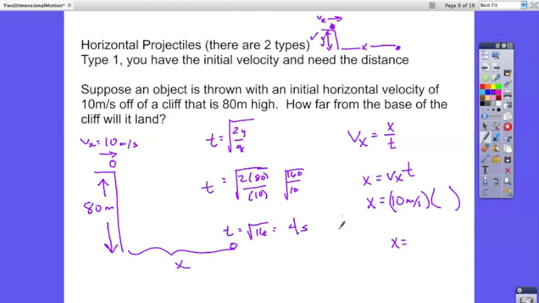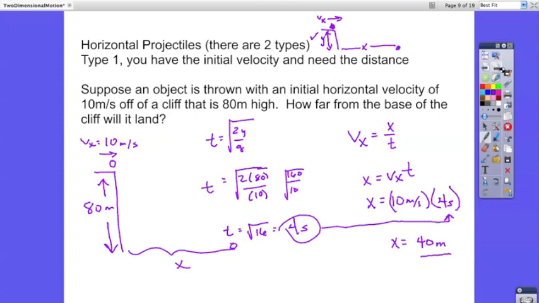Now I'm going to take that 4 seconds and plug it in over here, and I get 10 meters per second times 4 seconds is 40 meters, and we have found the distance. Okay, so we have to separate the vertical stuff from the horizontal stuff, and the one thing they have in common is time. In the time it takes to fall 80 meters, it traveled horizontally 40 meters. And so the time is the one thing that links the vertical motion stuff and the horizontal motion stuff.